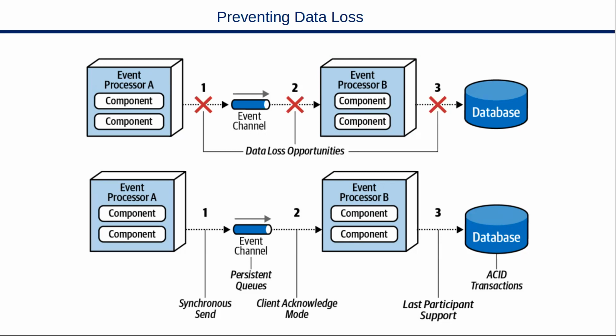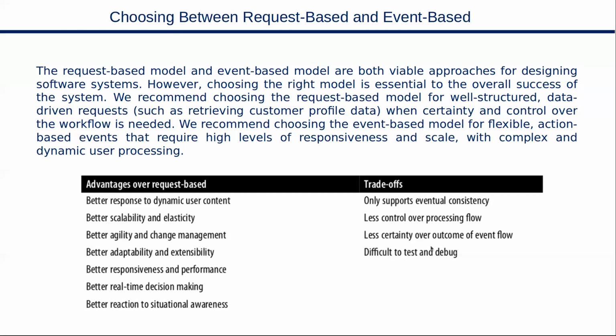And leveraging last participant support, it removes the message from the persistence queue by acknowledging that processing has been completed and that the message has been persisted. And it will guarantee that the message is not lost during the transit from event to the database. So these are the key points of how it can be resolved.